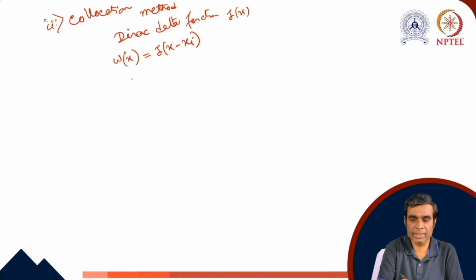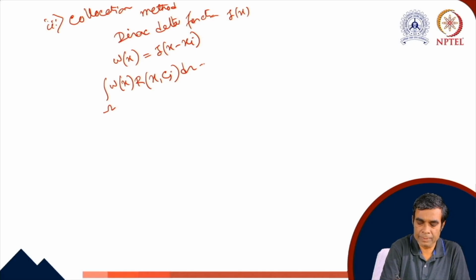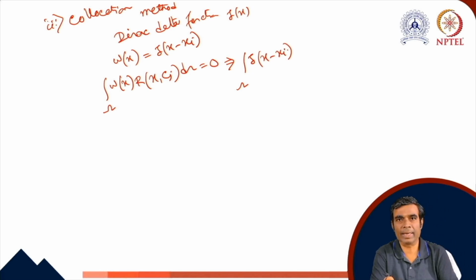So this relationship we find for the MWR format using the collocation method. Now we have the integration over omega of w(x) r of x comma cj d omega equals 0, with w(x) equals delta of x minus xi.